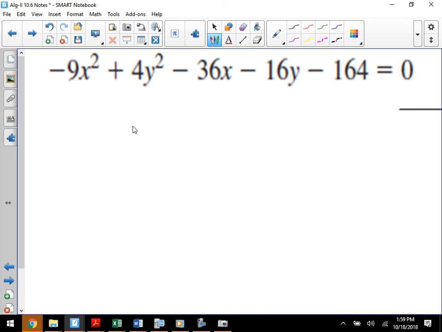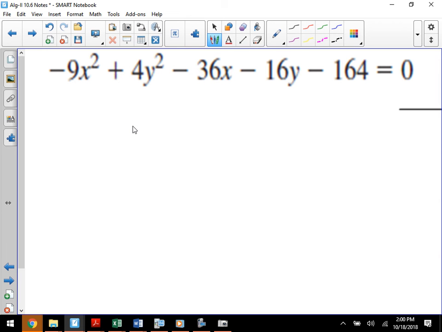Junk squared over a fraction, junk squared plus junk squared over fraction equals 1. So to switch it from this form to get it into the graphable form, where you can identify parts out of it, you have to do a lot of completing the squares.